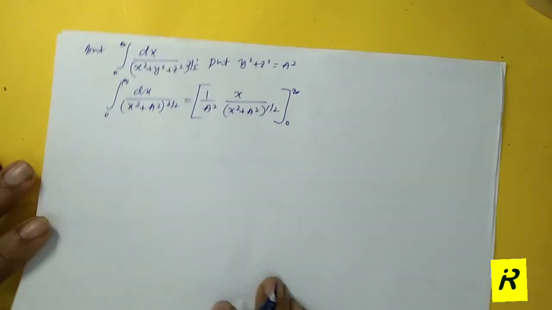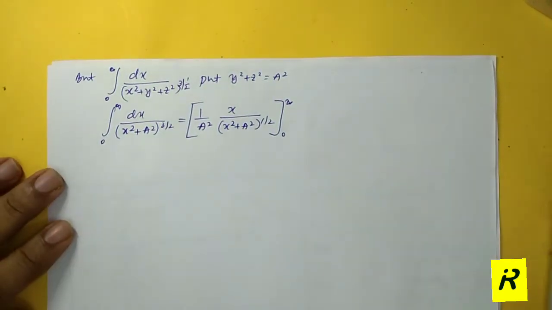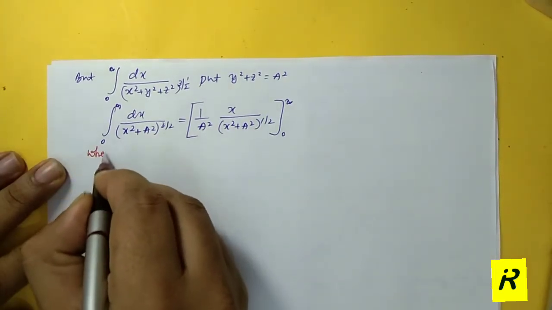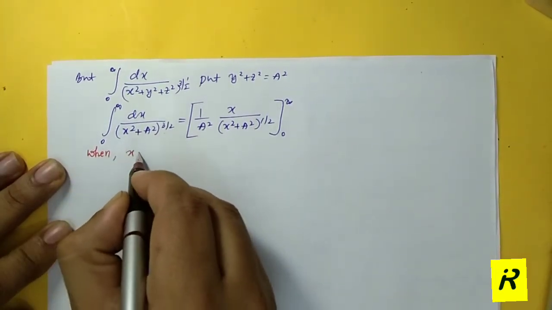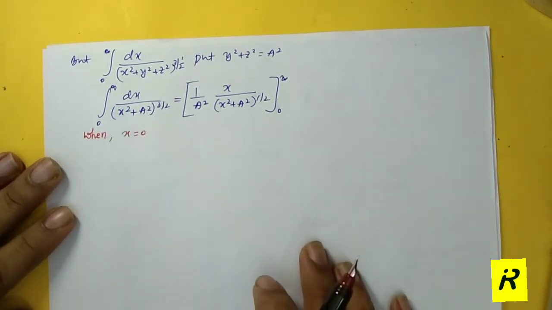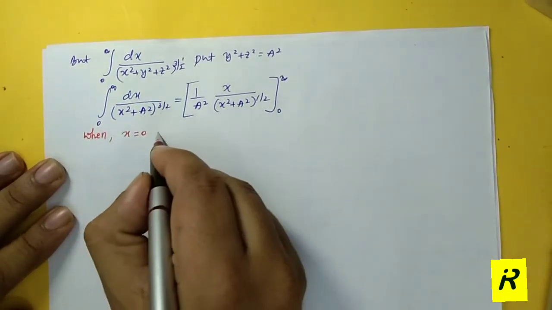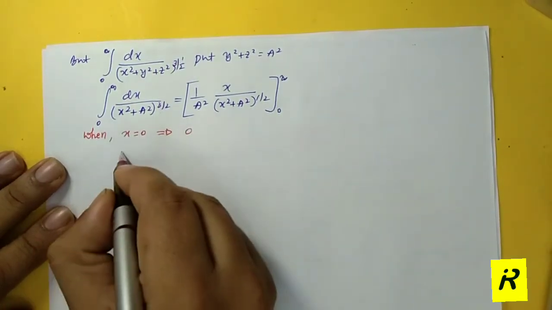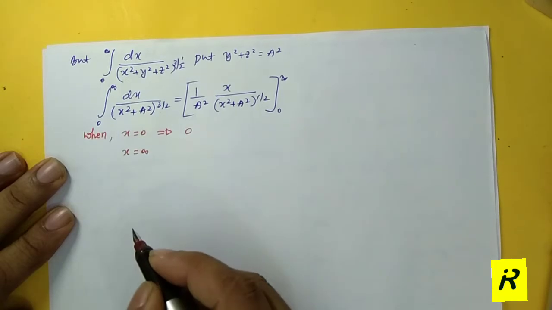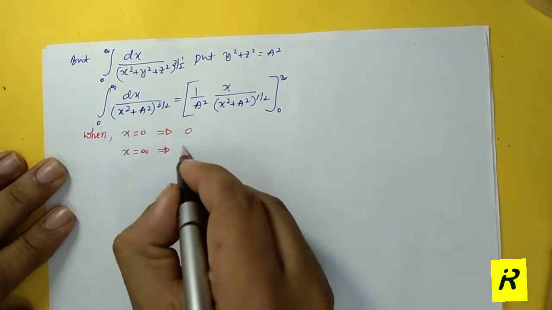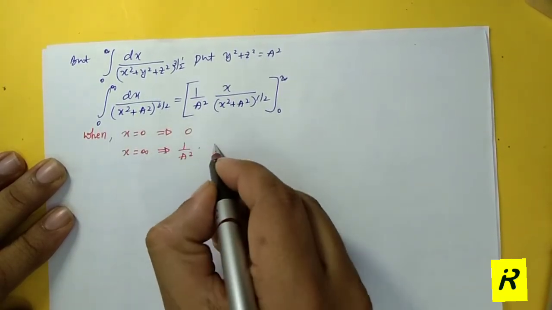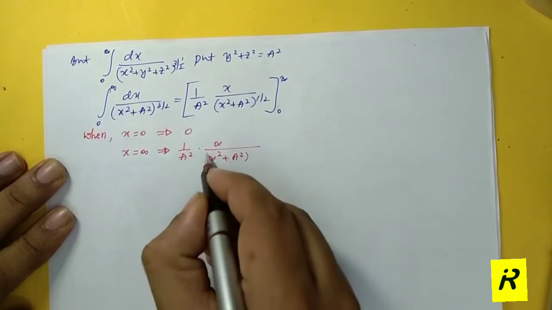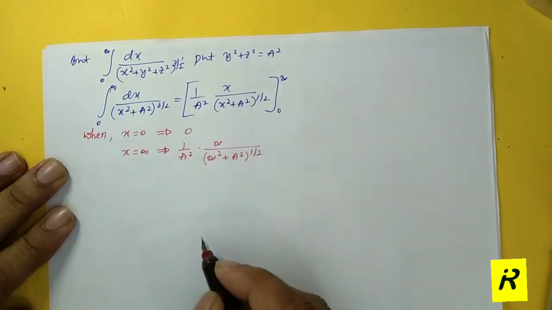Now it gives a beautiful result. See here, when you put x equals 0, x is the variable, the bracket term will be 0. Okay, when you put x equals infinity, then what happens? 1 divided by a square into infinity divided by infinity square plus a square whole to the power half in the denominator.